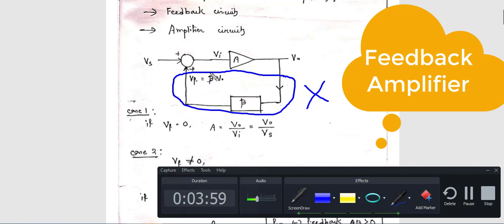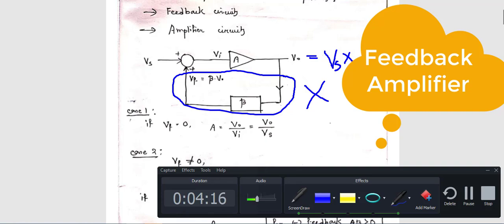If this feedback path is totally missing, your output voltage V0 will be equal to your input voltage Vs into gain. What is your gain? Your gain is A.